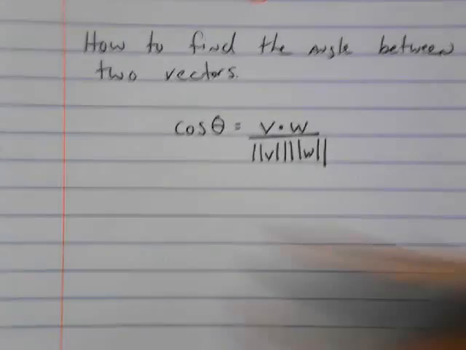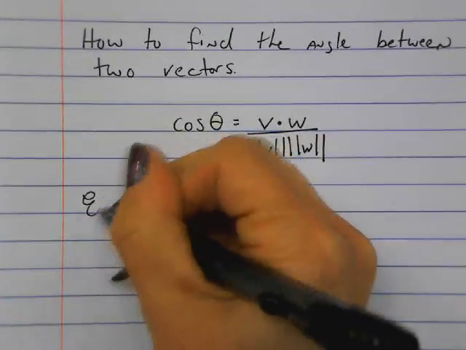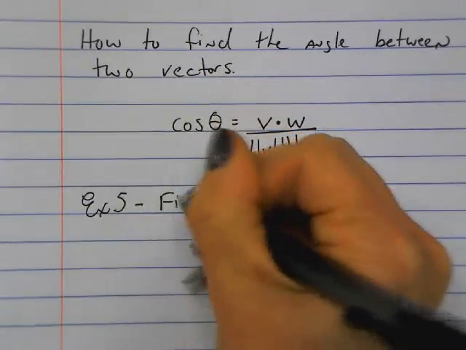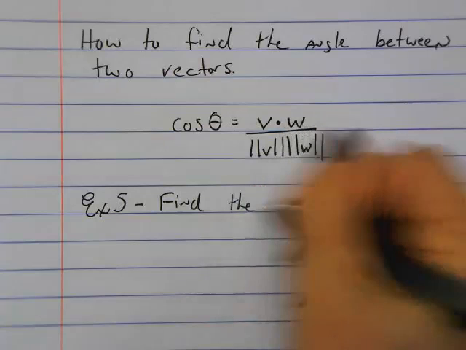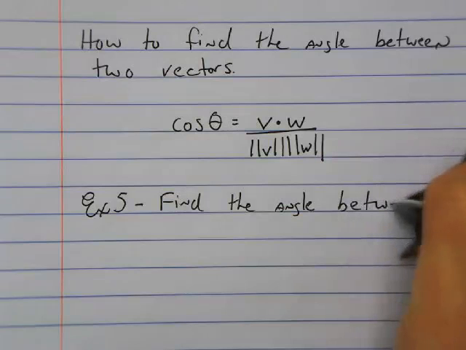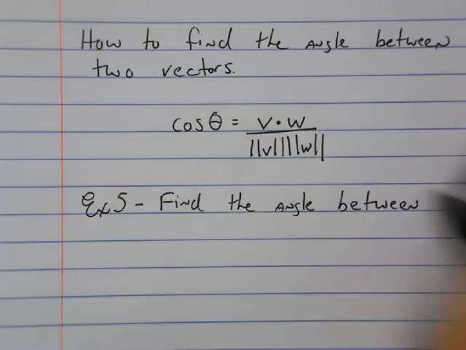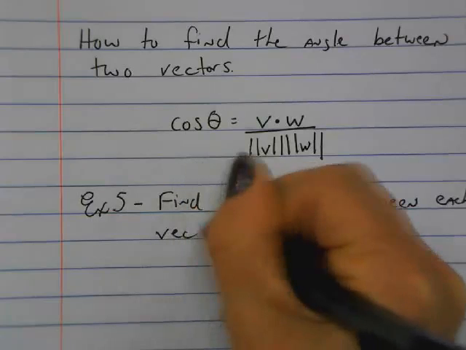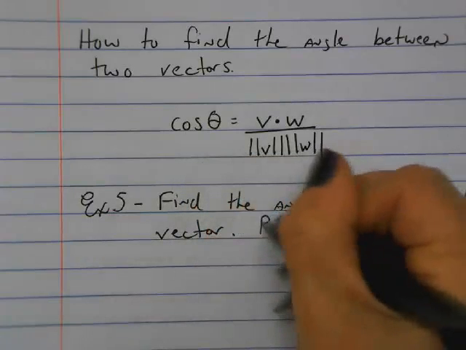Alright, example 5. Find the angle between each vector. Round to the nearest tenth.